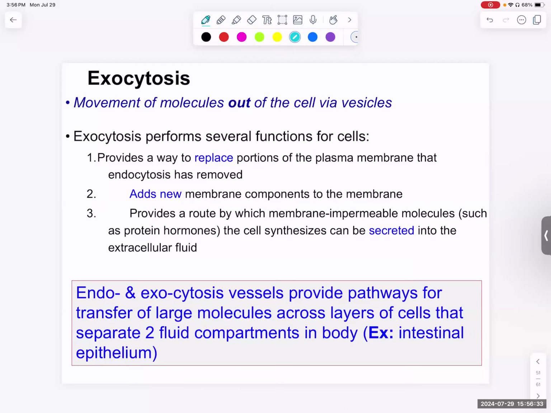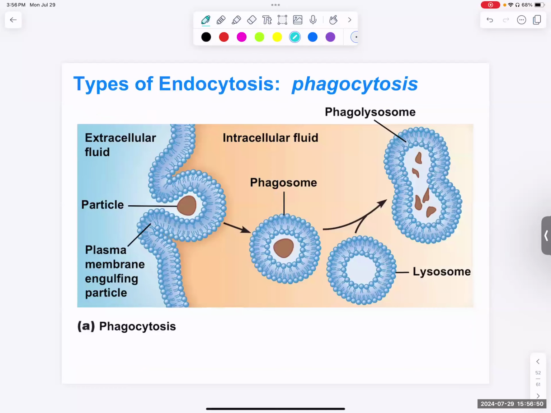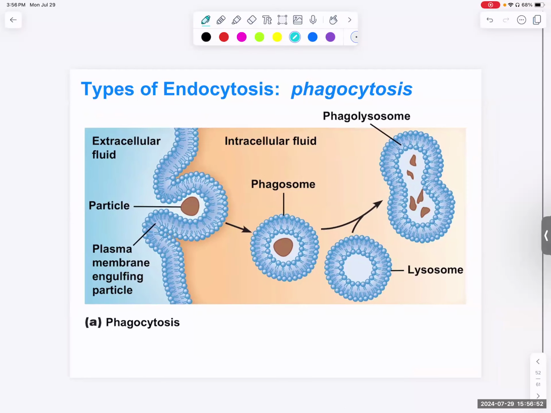So movement of things in and out of the cell requiring vesicles. This is active transport. It does require energy, and vesicles have to form to bring it in or, in the case of exocytosis, for it to be released. And so they are using membranes. Phagocytosis is specific for bacteria and viruses.